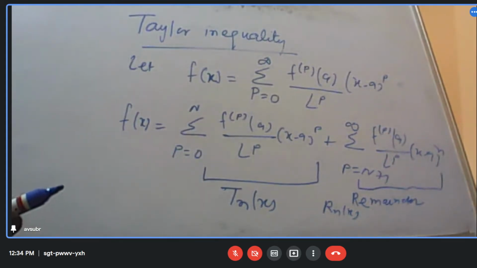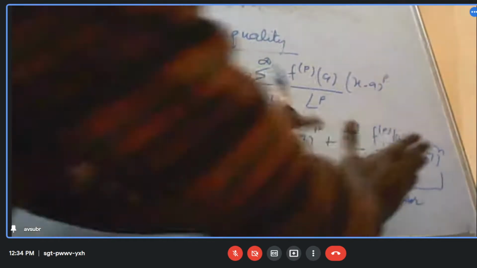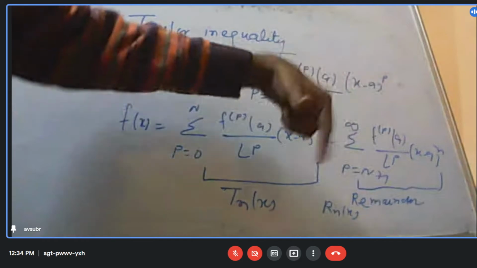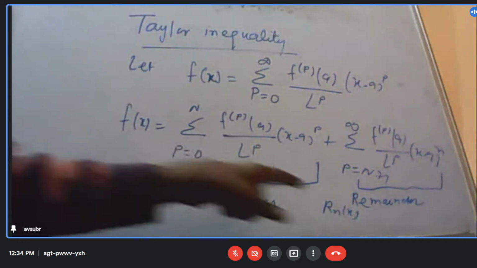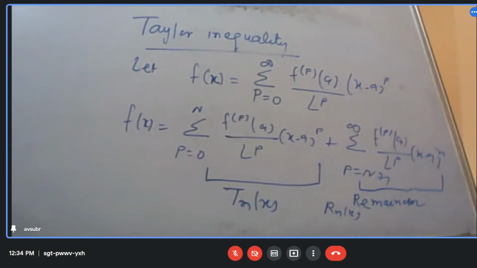What I have done, I have divided it into two. This much I have considered, and this is whatever is left out from n plus 1 to infinity. These terms are remainder terms.